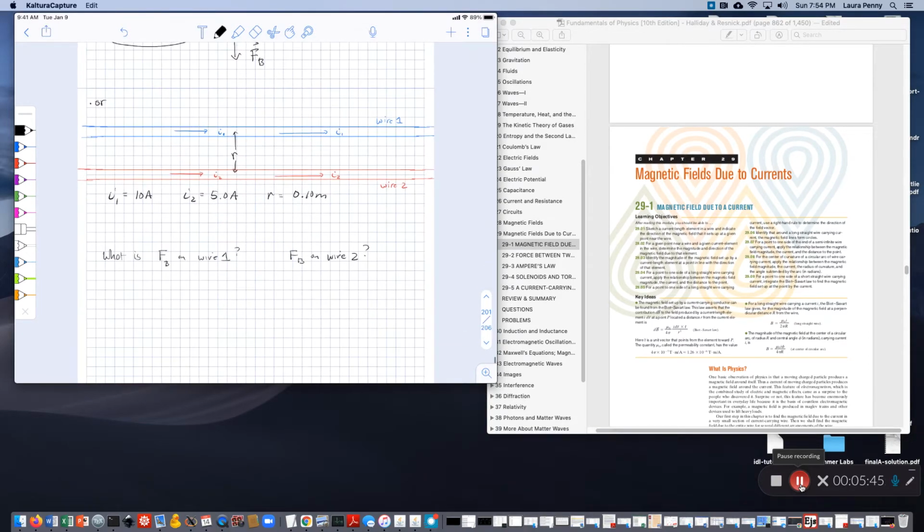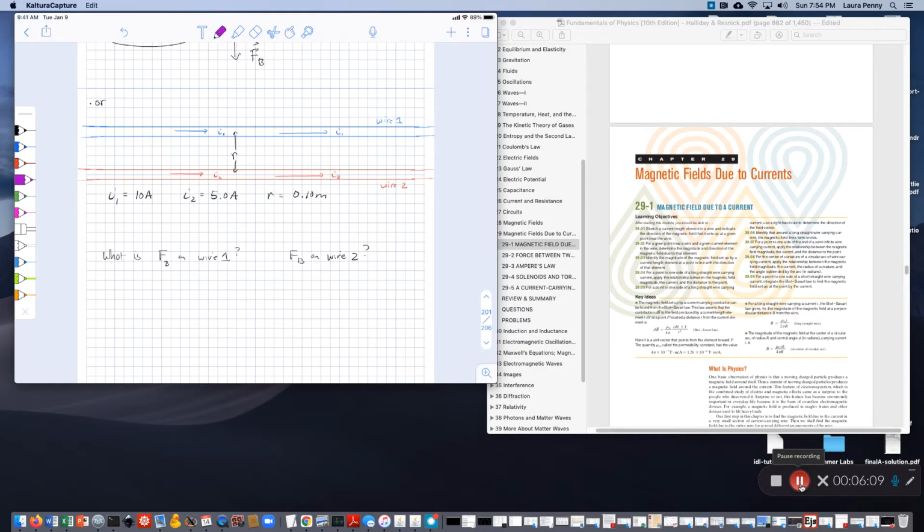How about here where I have 2 wires near each other, separated by only 10 centimeters. And they both have current going to the right. Both of these wires produce a magnetic field at the location of the other wire. So wire 1 produces a magnetic field.